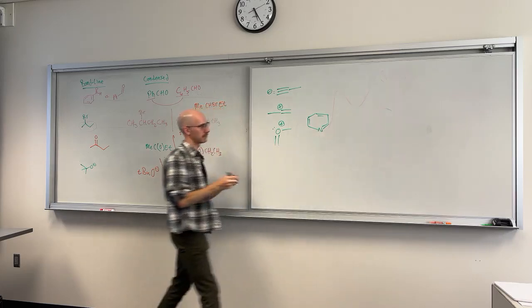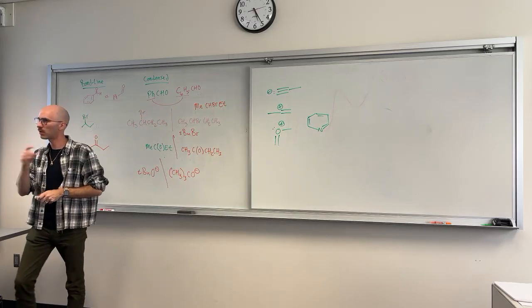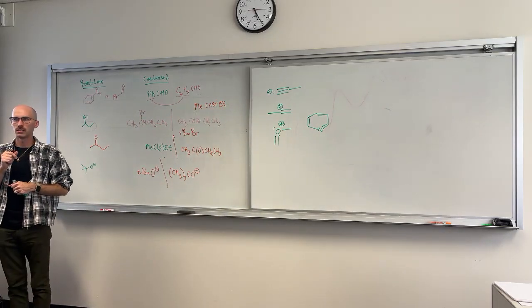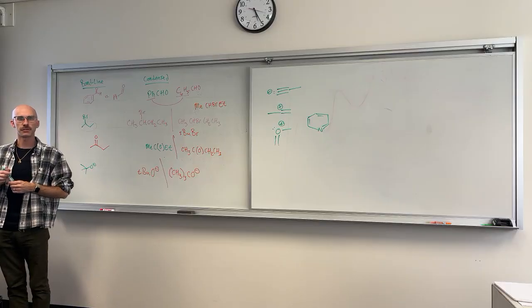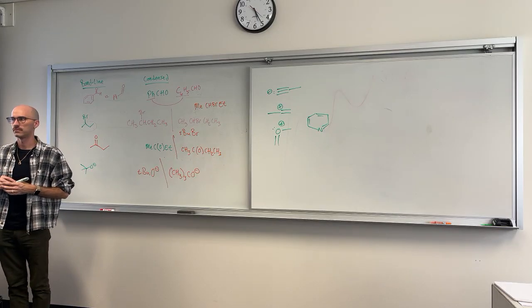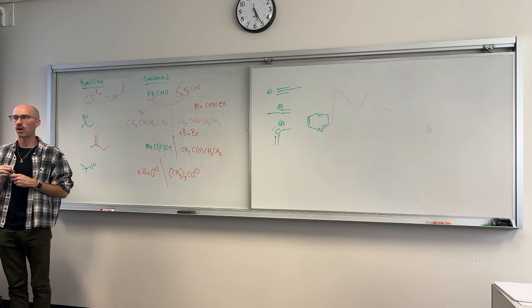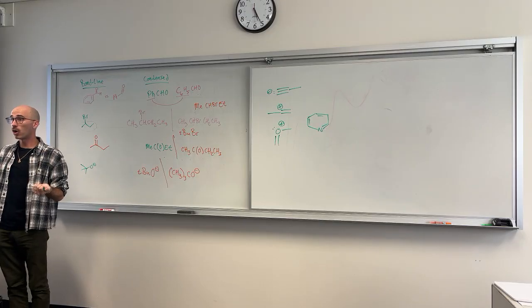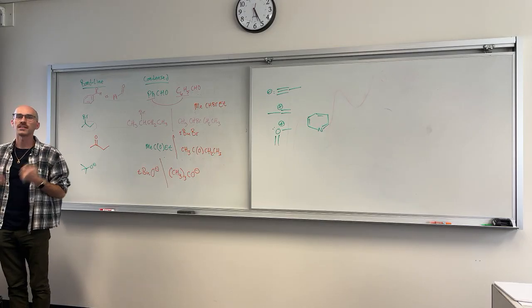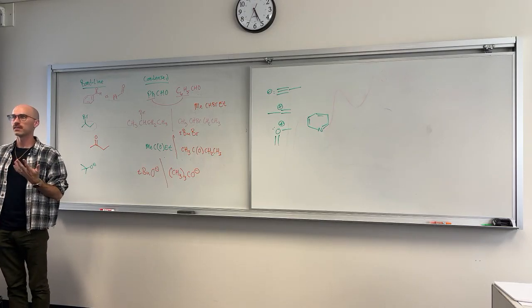Sorry. 6-membered ring, 1 nitrogen atom. How many of those atoms are sp3 hybridized? None of them. All sp2. They are all involved in a pi bond, except for the hydrogens, which are s.